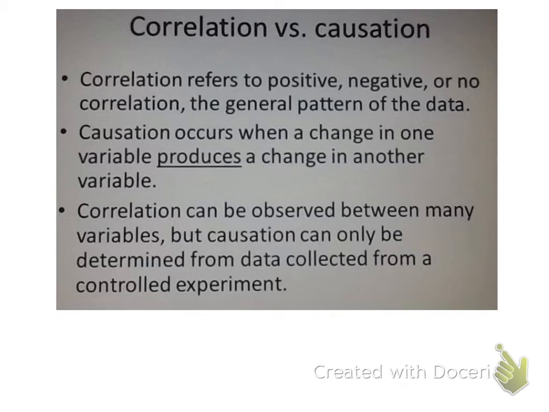Now, when we're talking about correlation, we need to keep in mind that there's this thing called causation, okay? Correlation you already heard about. That's the positive, negative, or no correlation. It's the general pattern of the data. Causation means that one variable causes or produces a change in the other variable.